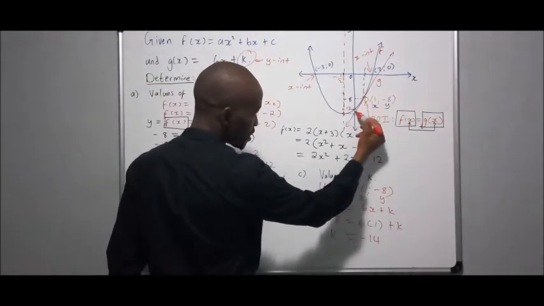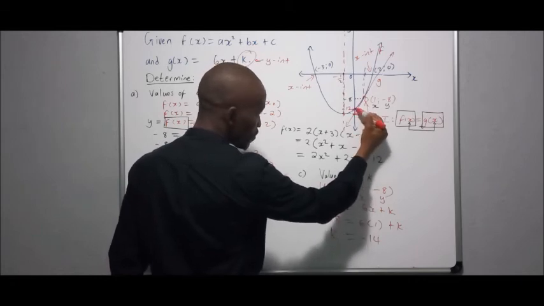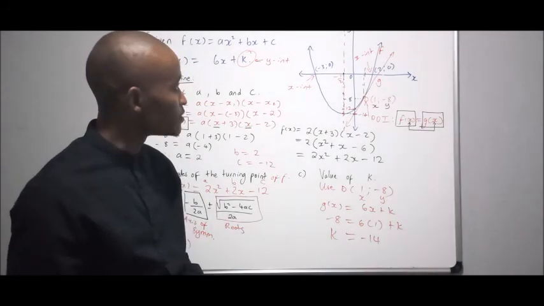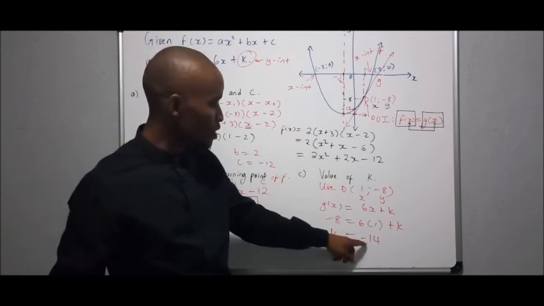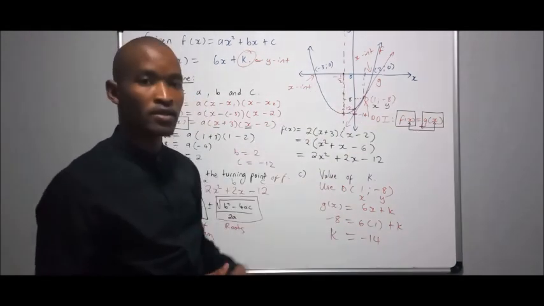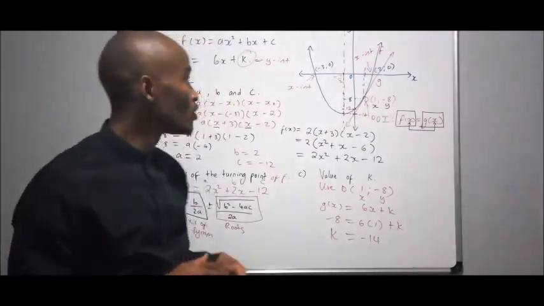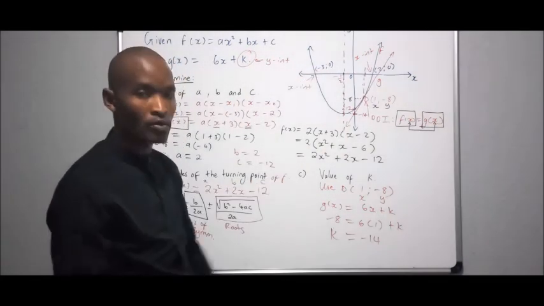There is your straight line cutting the y-axis at negative 14, just below the y-intercept of the parabola f. You should be worried if you maybe got a negative 3 here, or a number that is greater than negative 12. So your answer must speak to your sketch or your equations. There must be that alignment throughout.